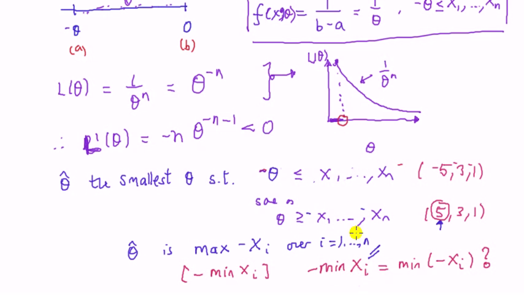Minimum of x_i, I'm looking over here: the minimum value of x_i is minus 5. Minus that, I get the answer 5 on the left hand side. Minimum value of minus x_i, I'm looking along here. In my example, the smallest value is plus 1. So clearly they're not the same. This is not equal.